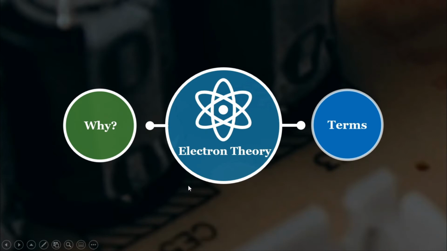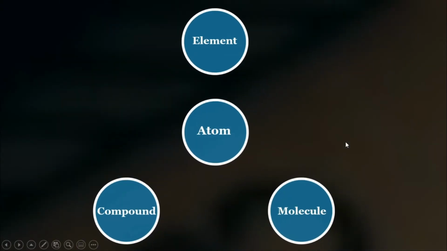Now, what are the various terms related to electron theory? Shown here are the four terms that are associated with electron theory: element, atom, compound, and molecule.